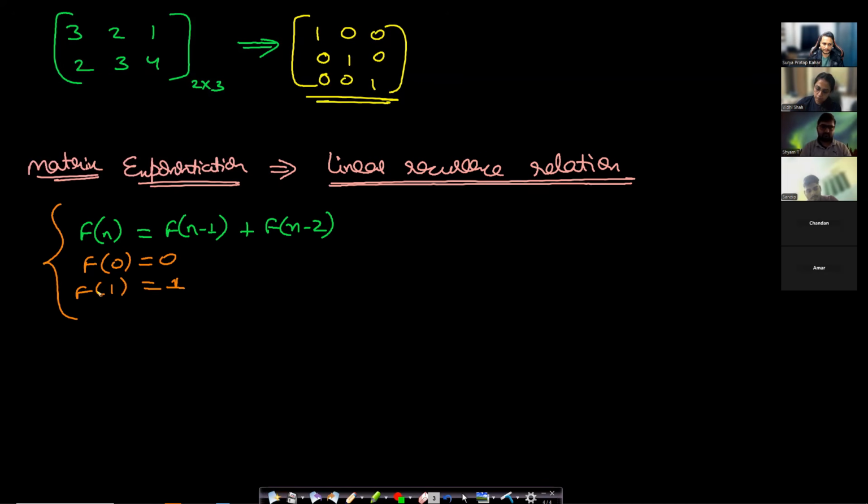Many a time the question will never say anything about any kind of linear recurrence relation. If the question is easy, then it will be given. If the question is not easy, then it will not be given. So Fibonacci is an easy question, so there you will find the linear recurrence relation is already given.